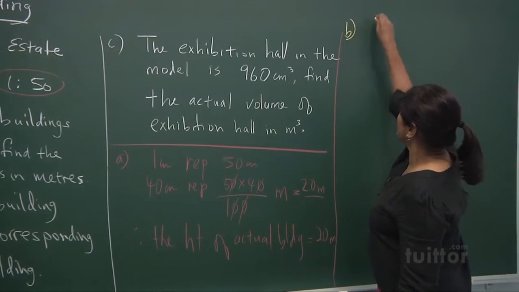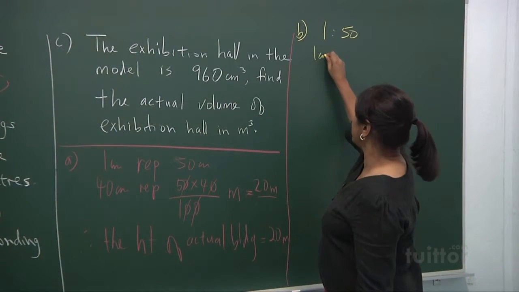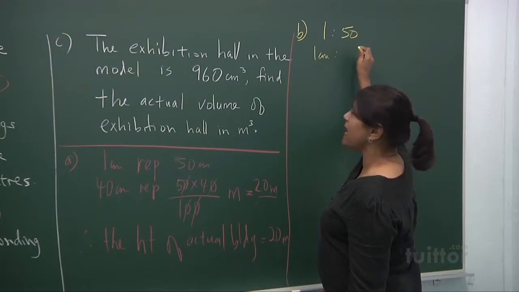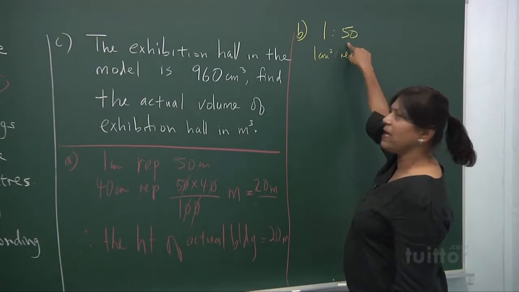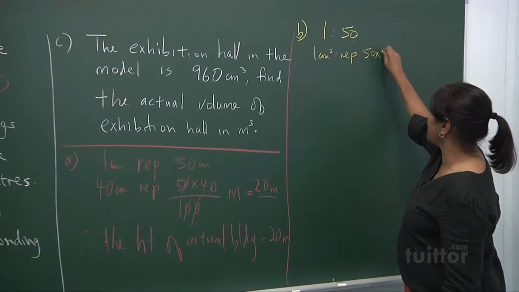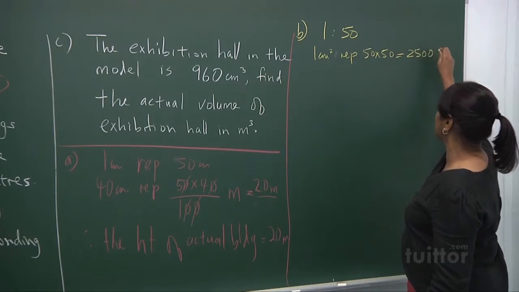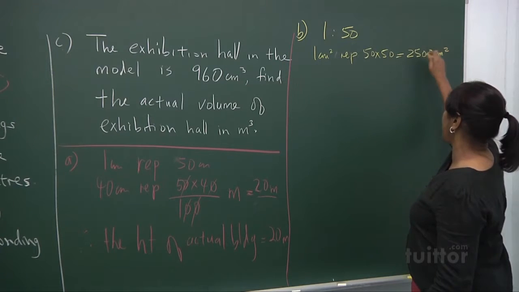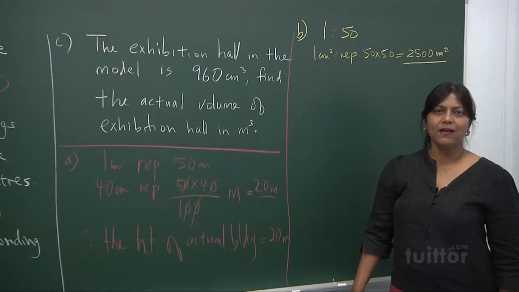Okay, area. 1 represents 50. 1 cm represents 50 cm. Right? So 1 cm squared will represent how much? 50 times 50, which will give us 2500 cm squared. That is the representation. Every 1 cm squared, 50 by 50.